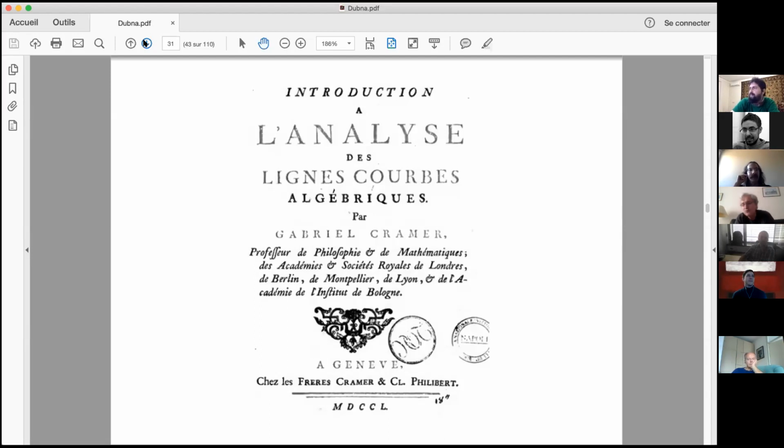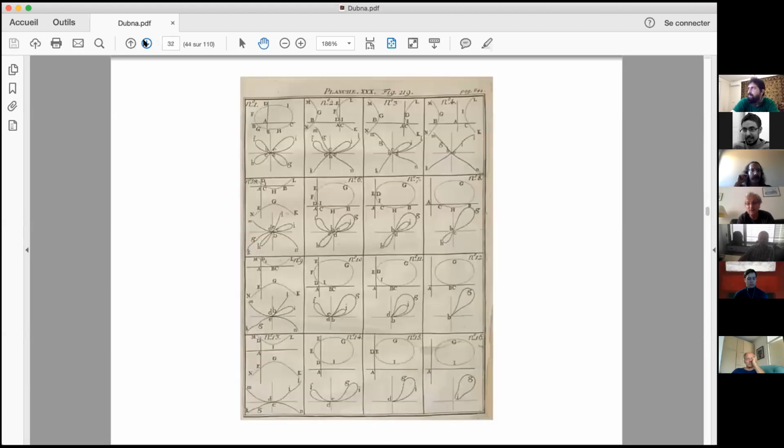This is a wonderful book containing a huge number of beautiful pictures. And as you can see, if you understand French, it is about the analysis of algebraic curves. The purpose of Cramer is to draw pictures to understand the nature of algebraic curves. Here's an example of pictures that you find in his book.